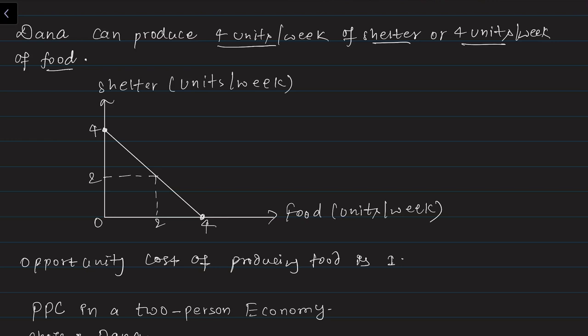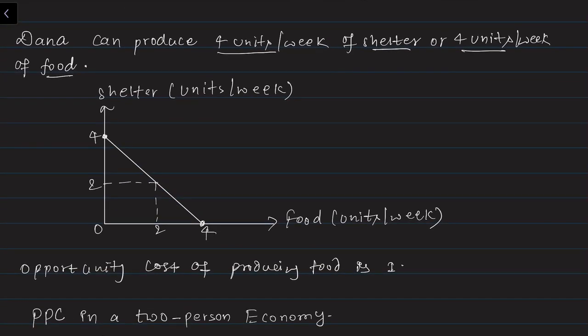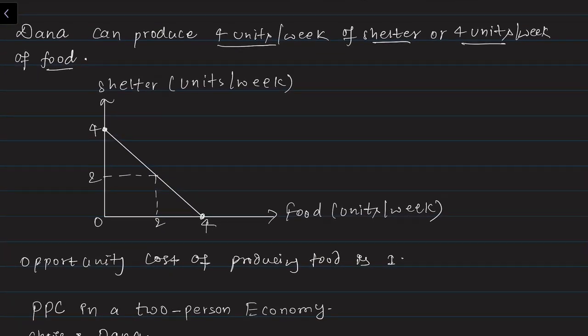And if Dana produces 0 units of shelter, then the maximum amount of food she can produce is 4 units. And similarly, the argument is basically the same as we did in the previous example. So if we just do the same thing, we'll get the PPC of Dana.